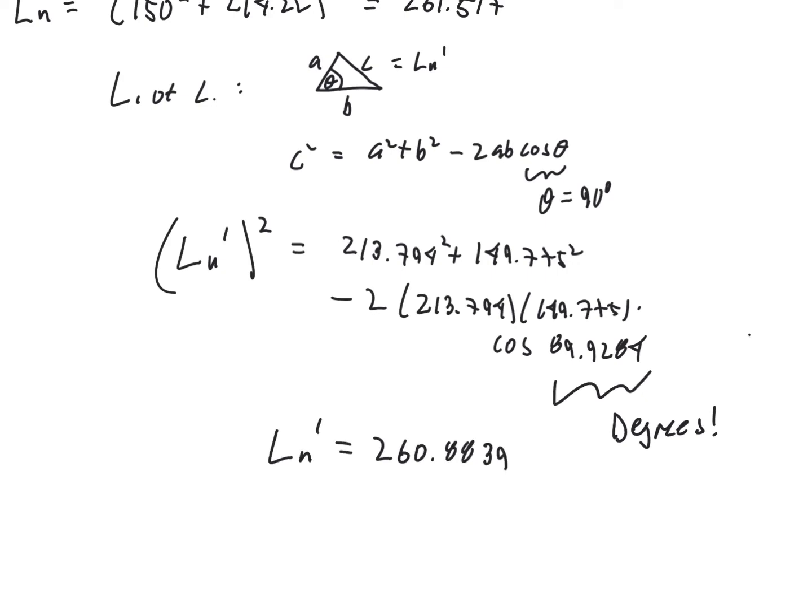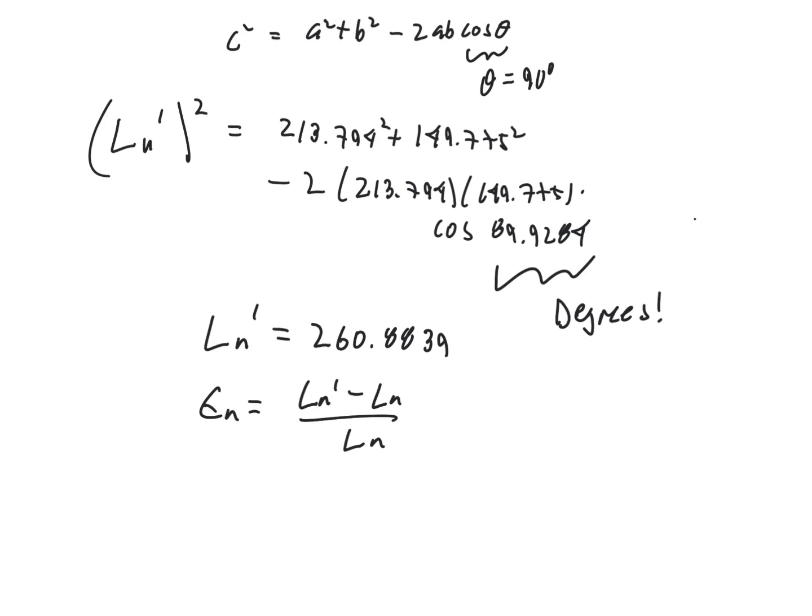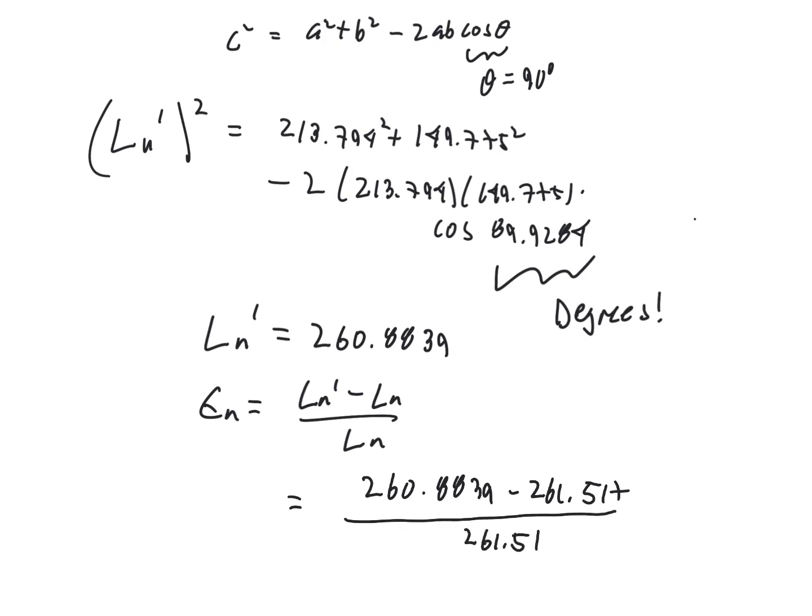And so now all that's left is to go ahead and do our final calculation. So remember, epsilon n is the final L sub n prime minus the original, all divided by the original. So that's going to be 260.8839 minus the original, which is 261.517, all divided by 261.517.